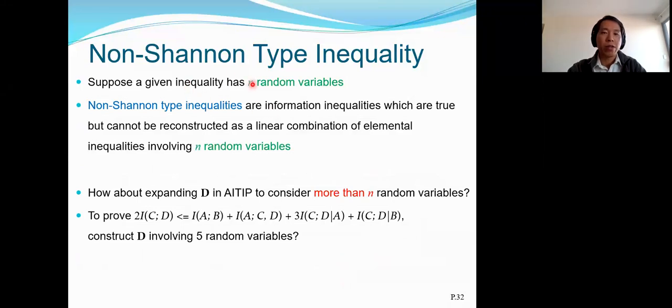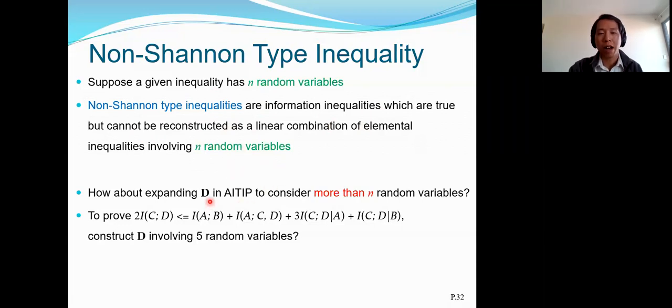So what we have seen so far is that now if we are given an information inequality which has n random variables, AITIP cannot prove it if it is a non-Shannon type inequality, okay? Because non-Shannon type inequalities are those which are true but cannot be reconstructed as a linear combination of the elemental inequalities involving only n random variables, okay? Because we construct the matrix D using only n random variables.